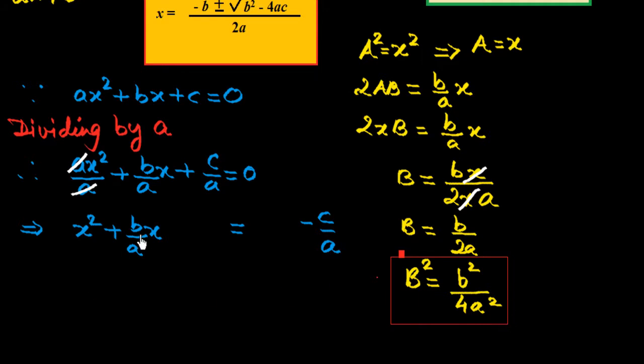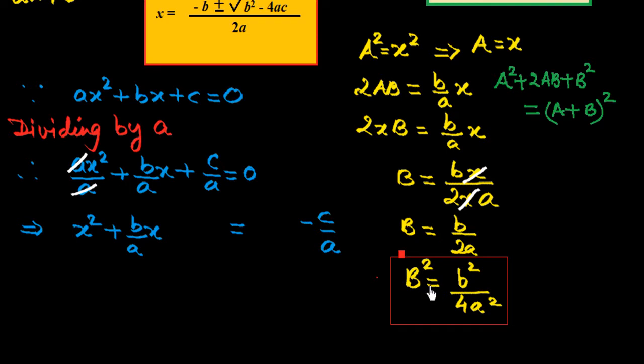So here you see, we know the identity that a square plus 2ab plus b square is equal to a plus b whole square.